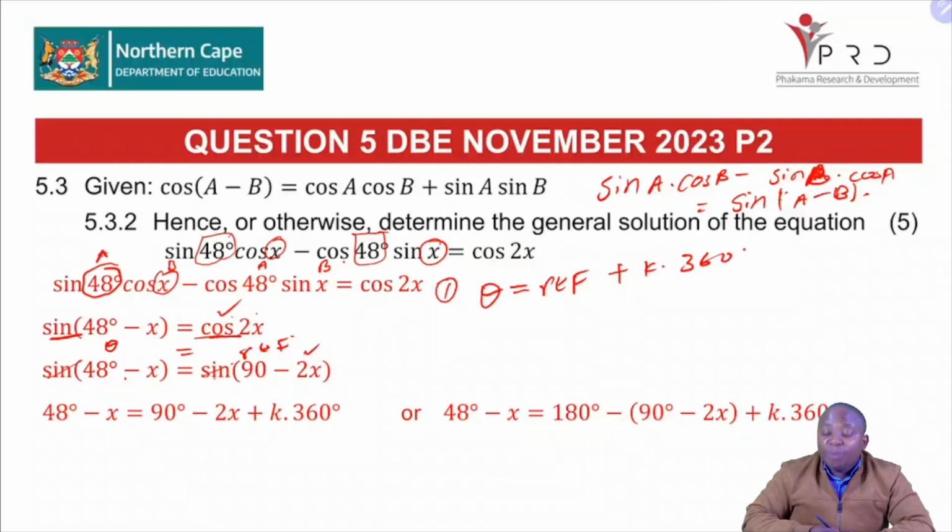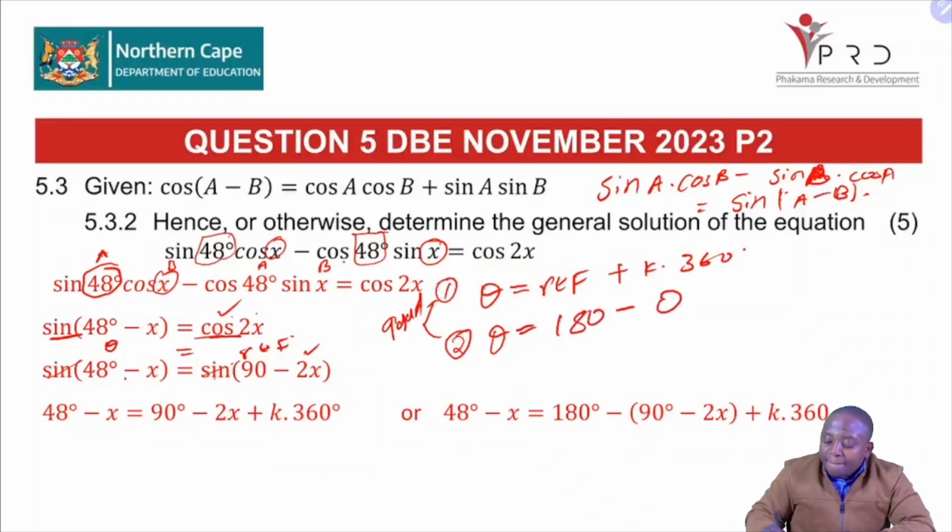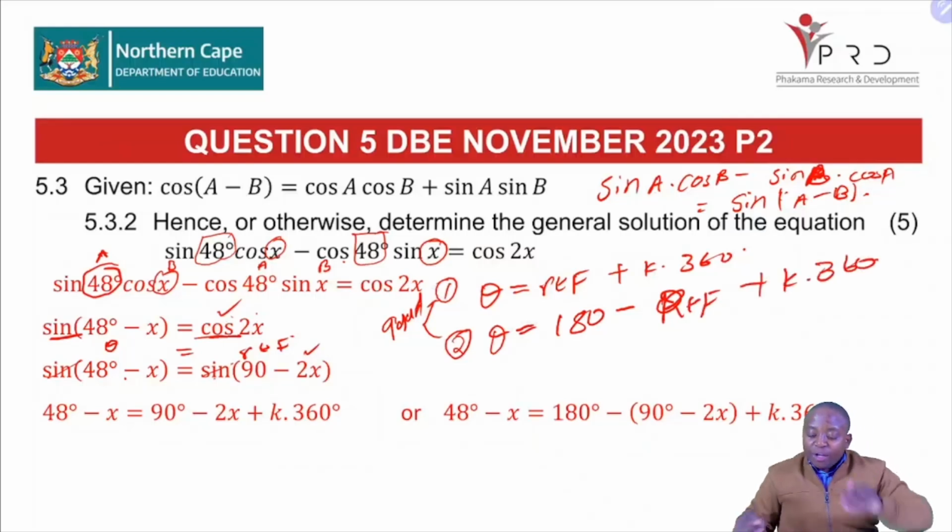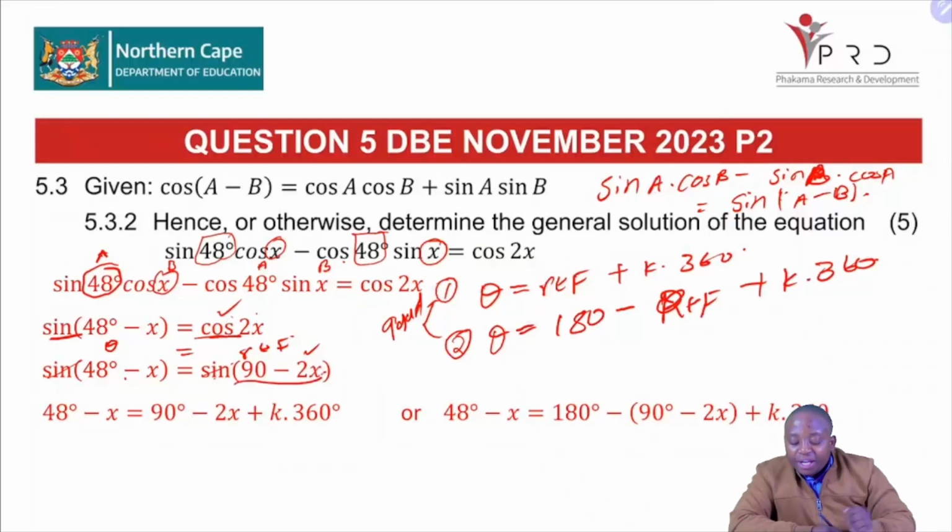And sine is also positive in the second quadrant, where theta is equal to 180 minus my reference plus k times 360. That is where my sine is positive, because my reference angle is positive.